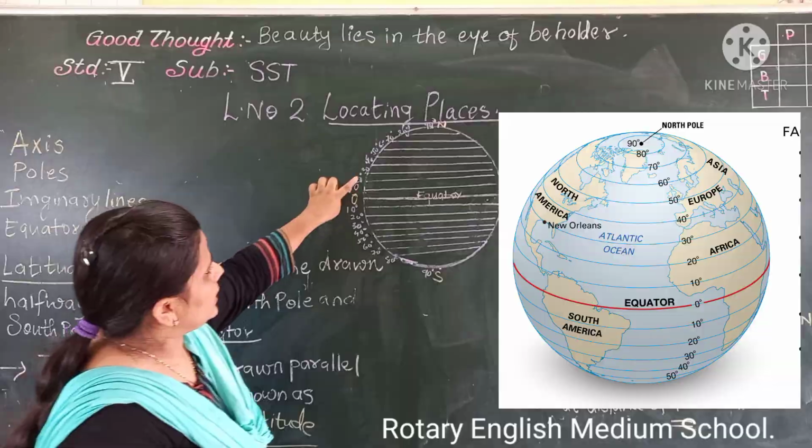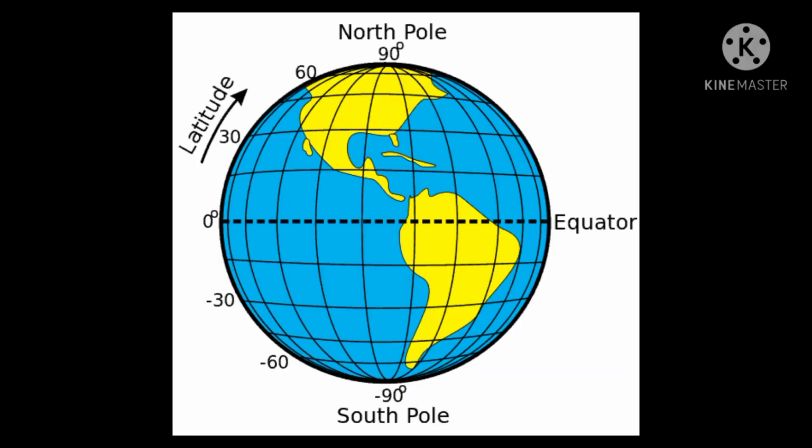The North Pole is marked as 90 degree, and the South Pole is marked as 90 degree. Understood? So this 90 and 90, the total number of latitudes on the globe is 180. Hope you all have understood about the latitude.